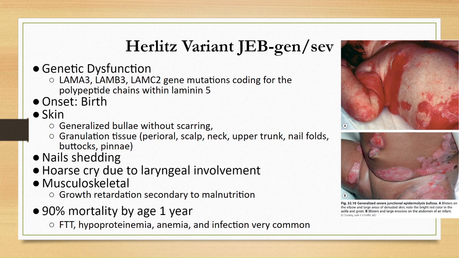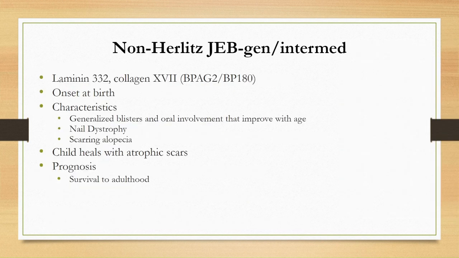Musculoskeletal growth will be retarded in some way, and there's a 90% mortality early on. Laminin 332 is another name for laminin 5. Also, mutations can happen in collagen 17, which would be BPAG2, also BP180, all things that describe collagen 17.